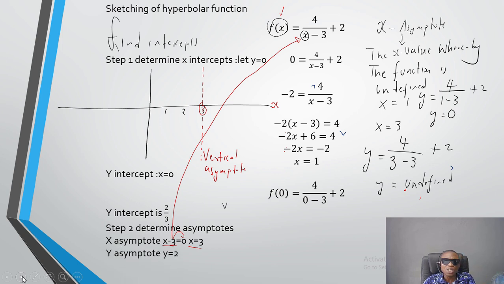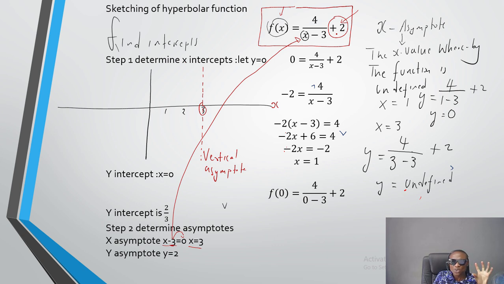The y asymptote is 2. If you look at this function, f of x equals 4 over x minus 3 plus 2, the y asymptote is this number at the end here, positive 2. Positive 2 is your y asymptote. What do we mean here?